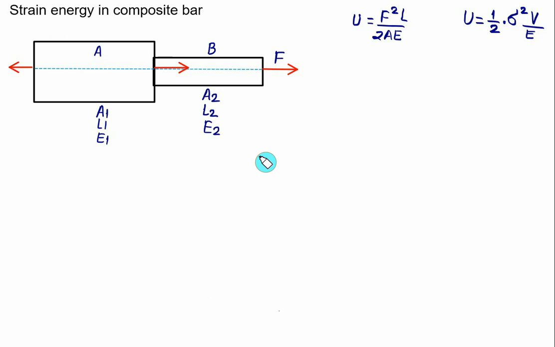Now suppose we are given two composite bars A and B, having area, length and Young modulus given as A1, L1, E1, A2, L2, E2, and we have three point forces acting as shown in the figure.